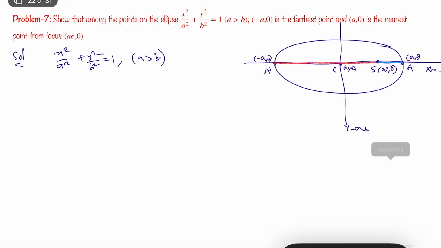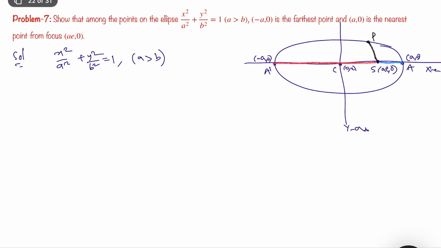Yes. Okay. That means if I take any point on the ellipse P, then this SP will be bigger than this SA and smaller than this SA dash. That's what we have to show.